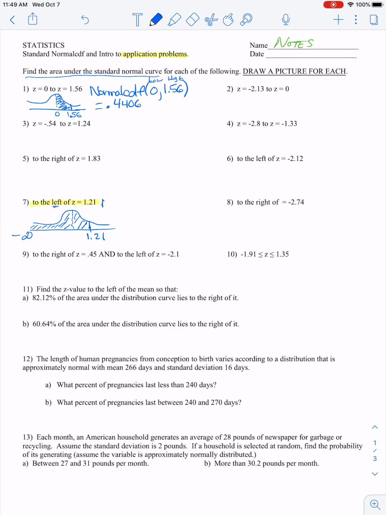In order to do normal CDF, we use negative infinity as negative 1e99 and then 1.21, and when you enter that, your area is 0.8869. We also can say that as a percentage. If the problem wants the percentage, you could say 88.69%. Both are representative of the area under the curve.